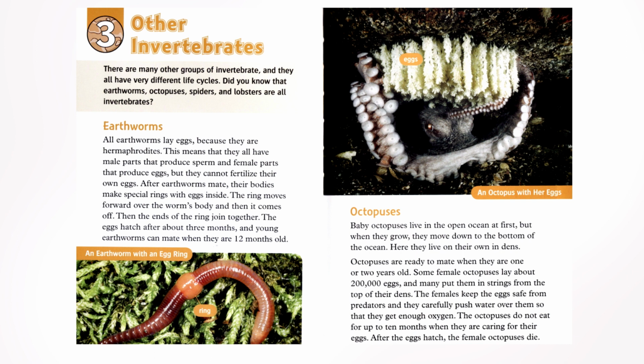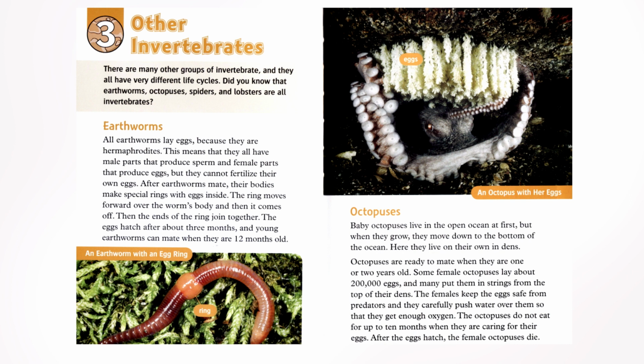Earthworms. All earthworms lay eggs because they are hermaphrodites. This means that they all have male parts that produce sperm and female parts that produce eggs, but they cannot fertilize their own eggs.